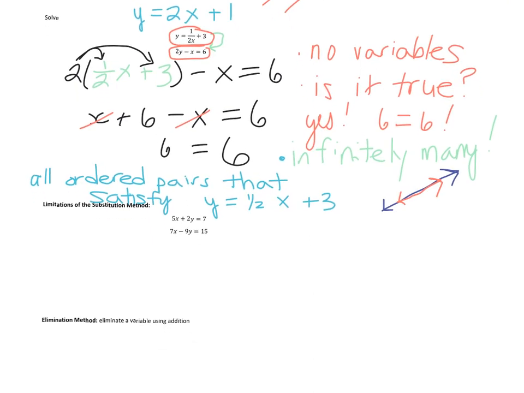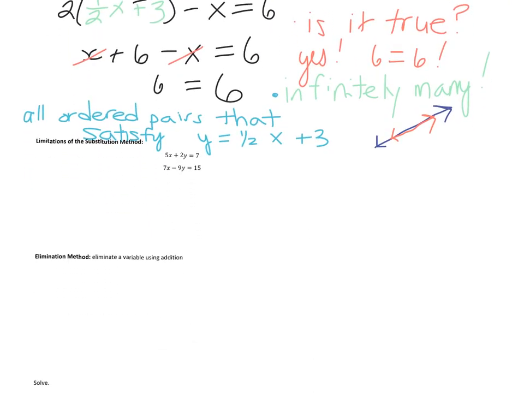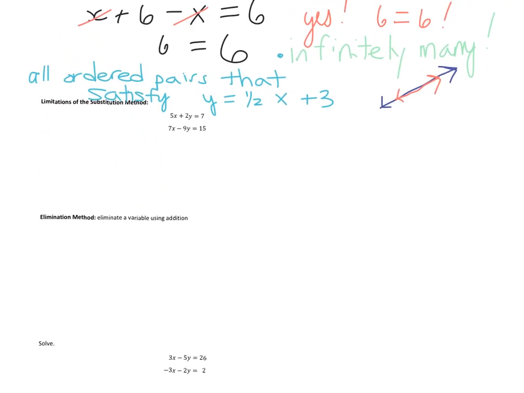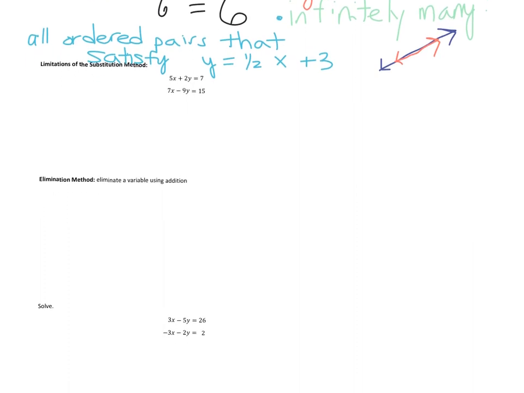Okay, so there are some limits of the substitution method. For instance, let's take a look at this one. Let's say we're asked to solve this. If we choose any variable to solve for, we're going to end up with really horrible fractions, right? So the limitation of the substitution method is sometimes we can get really ugly fractions that can be hard to work with.